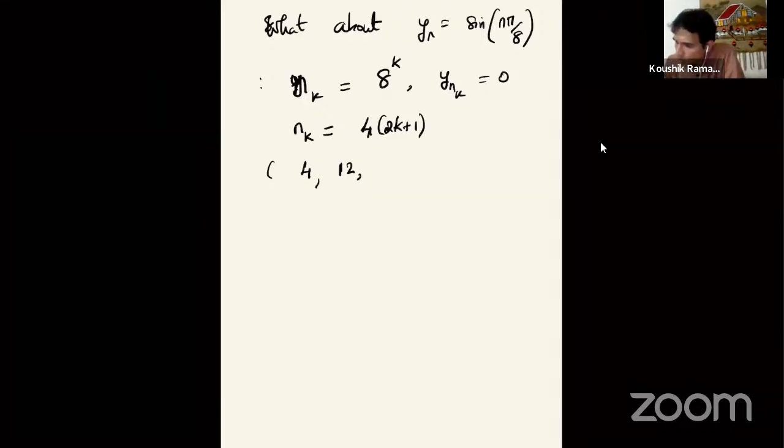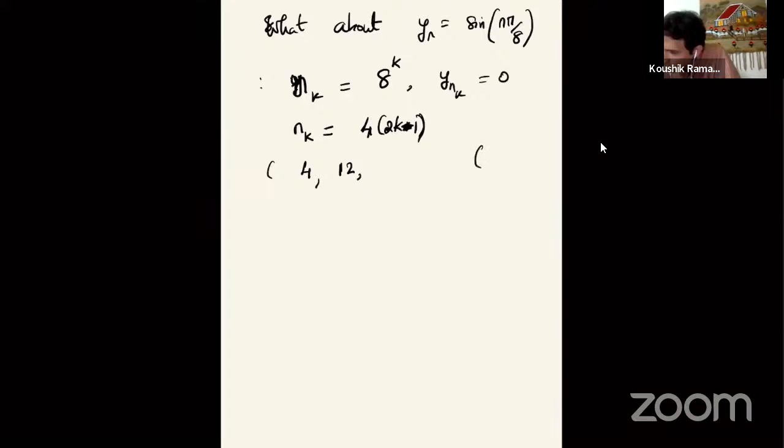If you take 12, 12 times pi by 8, what is that? We get an odd multiple. It should be 2k minus 1, right? 4, 12, that is the sequence you want, 4, 12, and so on. So it should be 4 times 2k minus 1. If you write this, then you will alternate between what?